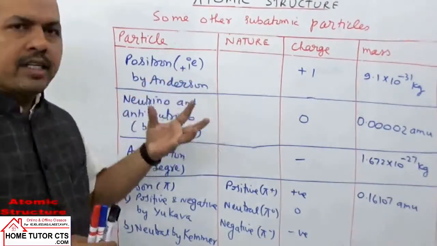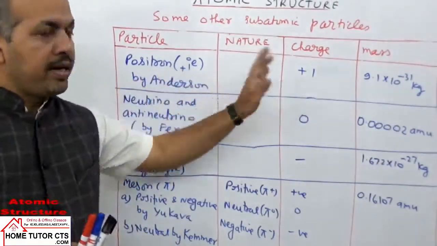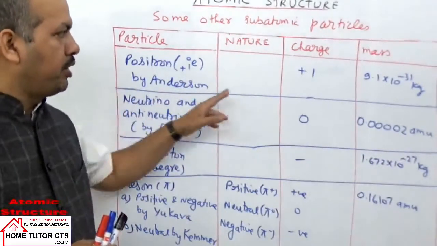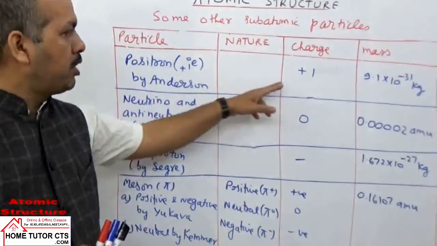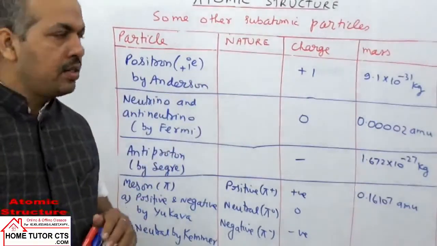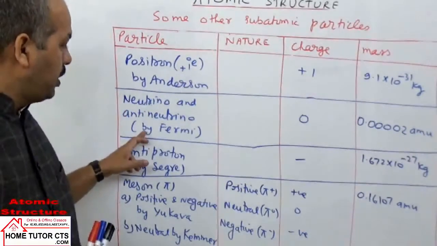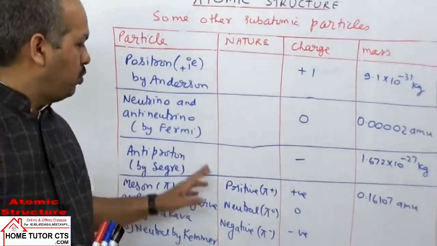We can take it as an anti-electron. Electron and this positron have the same mass; only the charge is opposite. Electron has charge -1 unit, it has charge +1 unit. Mass is the same as that of electron. Next is neutrino and anti-neutrino. They were discovered by Fermi. Charge taken is 0, they have no charge.